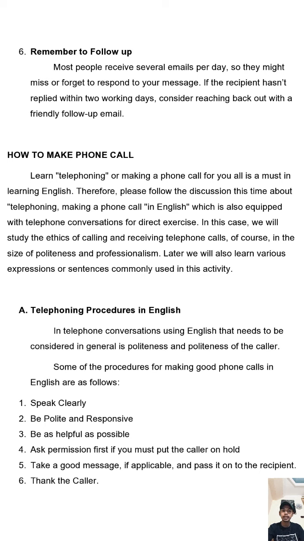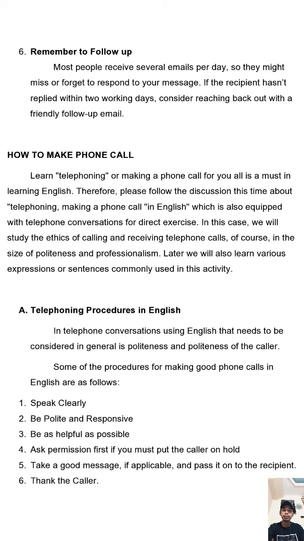Telephoning procedures in English. In telephone conversation using English, what needs to be considered in general is the politeness of the caller. Some of the procedures for making good phone calls in English are as follows. First, speak clearly. Second, be polite and responsive. Third, be as helpful as possible.